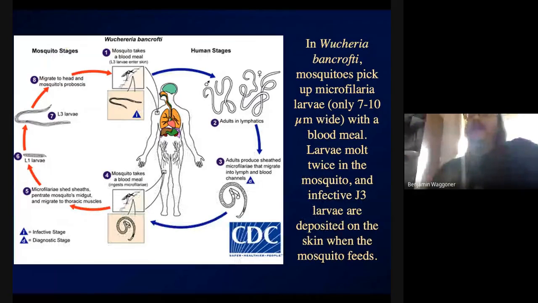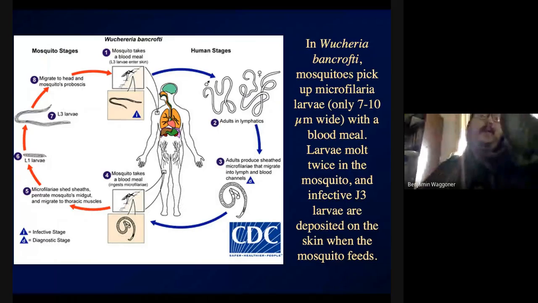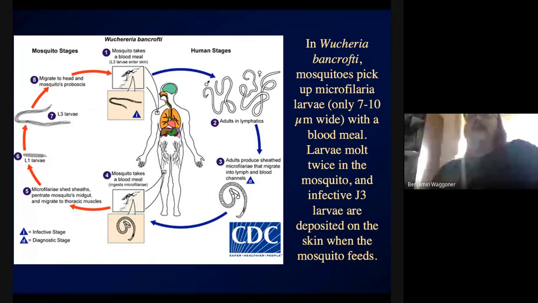Mosquitoes pick up microfilaria larvae with a blood meal, and it's easy because they are only 7 to 10 microns wide. I don't know what the record is for the smallest member of the animal kingdom, but these must surely be close. The larvae molt twice in the mosquito, and then when the mosquito feeds, the larvae at the J3 stage are deposited on the skin.